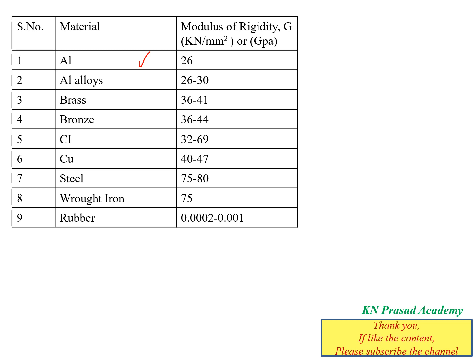Similarly, copper is 40 to 47 gigapascal, steel is 75 to 80 gigapascals, and wrought iron is 75 gigapascal. Rubber has a very low value, nearly 0.0002 to 0.001. So thank you.